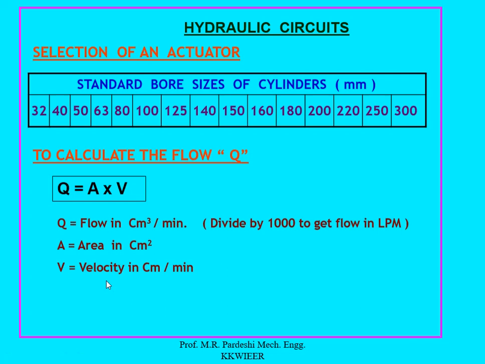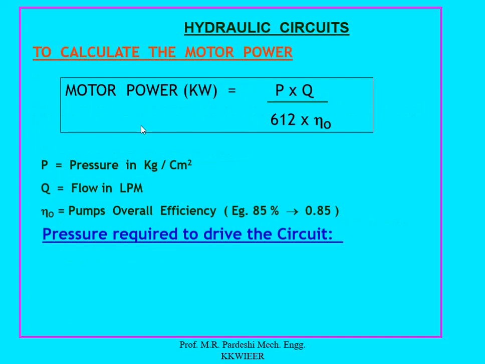If the catalog has that pump, then we can say that pump is suitable to drive that particular system. We take into consideration the maximum flow rate and that bore diameter in the calculation, and based on that we select the pump as well as the actuator from the manufacturer's catalog.